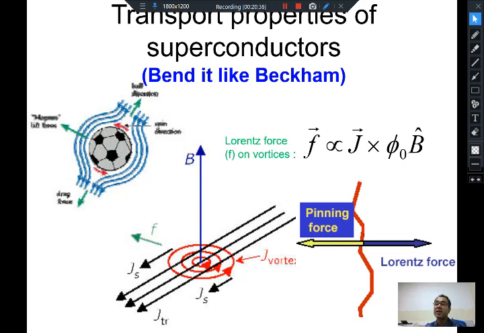And that is not good for applications because again you start getting dissipation. You want superconductors to have no dissipation so that you can send current without any power, because power has to overcome the dissipation. But if you have superconductors which again have dissipation because of motion of vortices, that's not good.